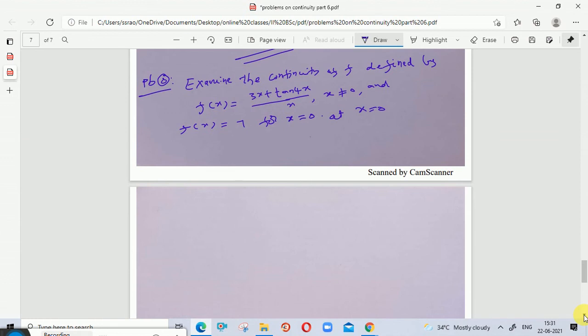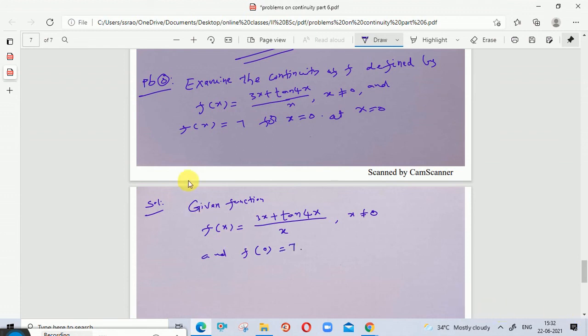Solution. Given function f of x is equal to 3x plus tan 4x by x for x is not equal to 0, and f of 0 is equal to 7.